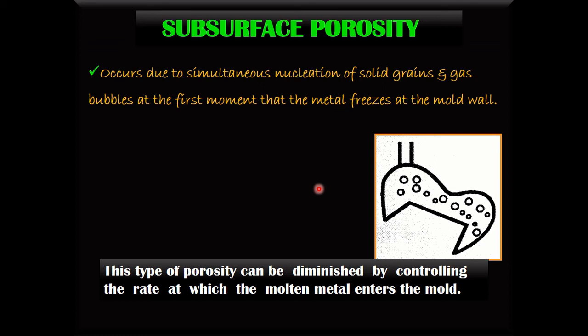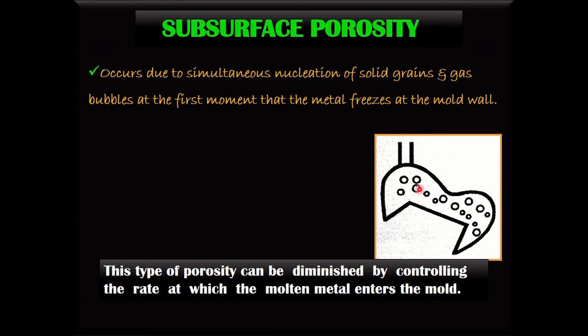Next is the subsurface porosity. It occurs due to simultaneous nucleation of the solid grains and the gas bubbles at the first moment that the metal freezes at the mold wall. That means there is nucleation of the solid grains, and the gas bubble beneath it is trying to escape.